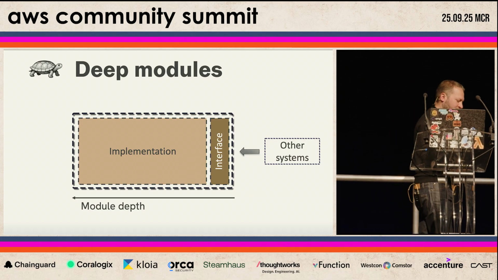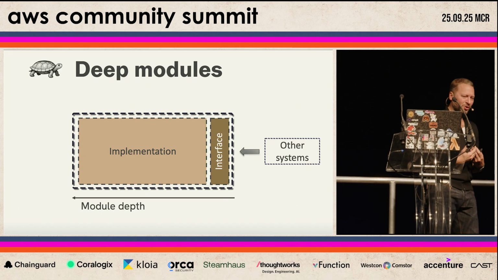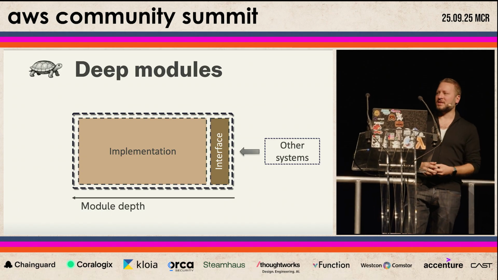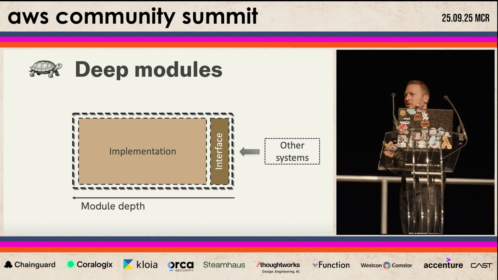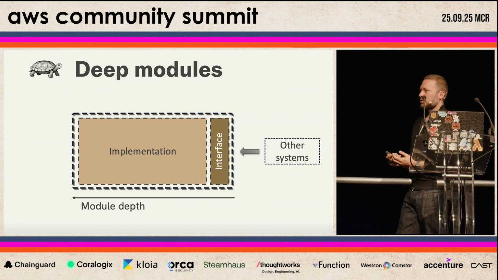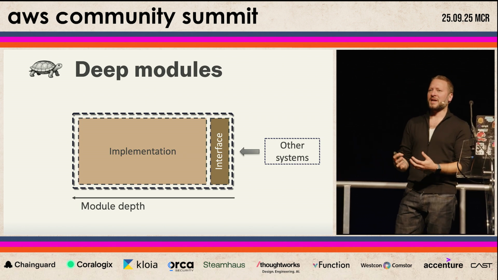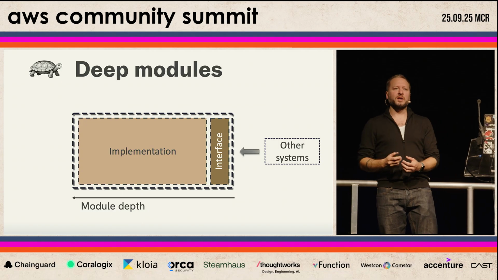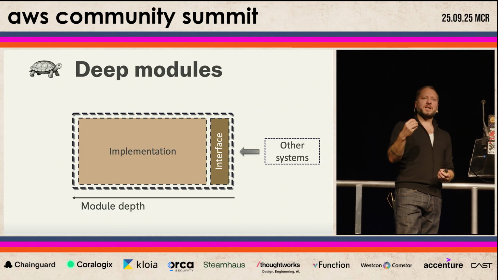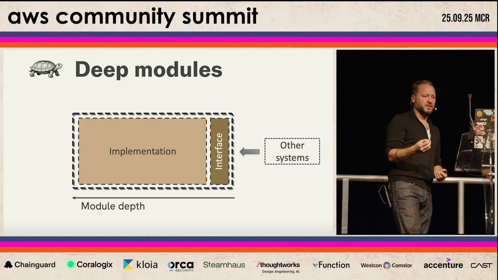And on the other hand, a good module has a deep implementation, which means that it does a lot of work for you. It completes entire processes, it has complexity, maybe it reaches out to other systems for you. That's how it adds value into your system.